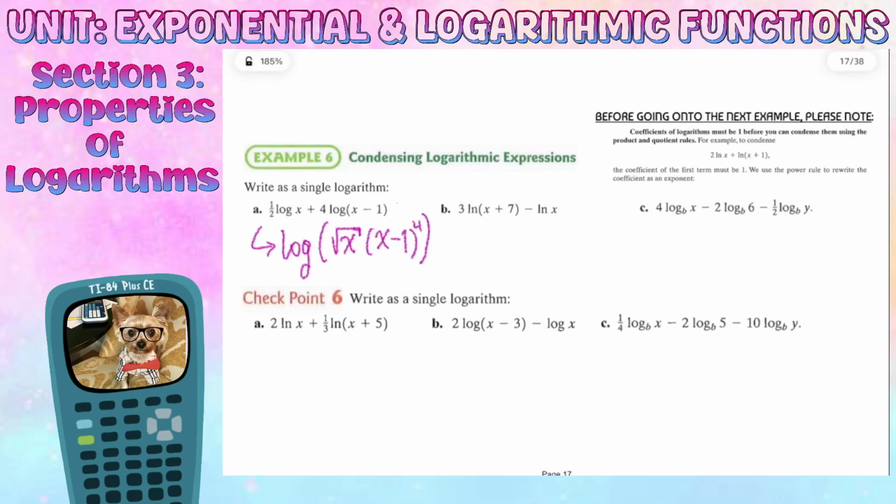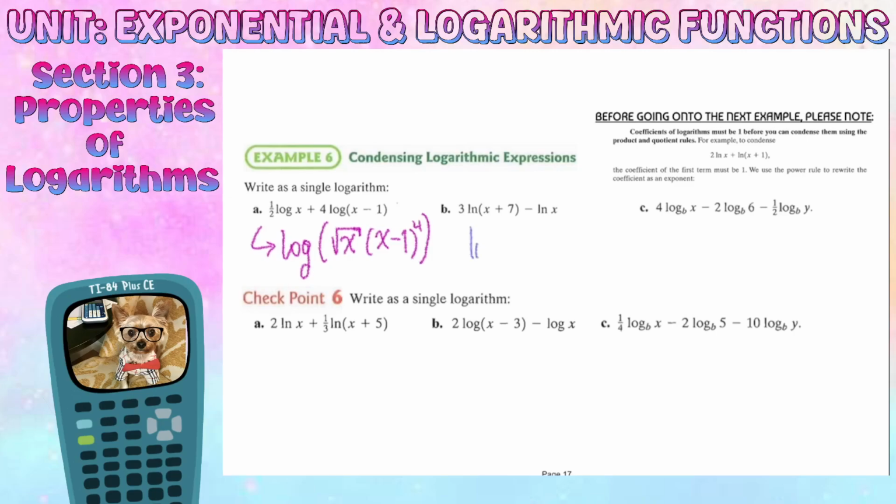Next example. Next we will have subtraction is going to imply the quotient property. So we're going to have a fraction. This 3 is going to basically be the exponent on that part, and then an x will be in the denominator.